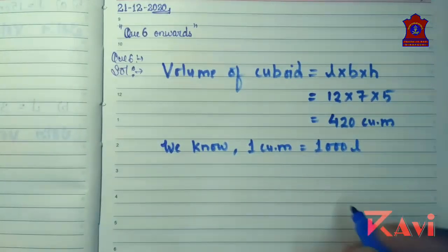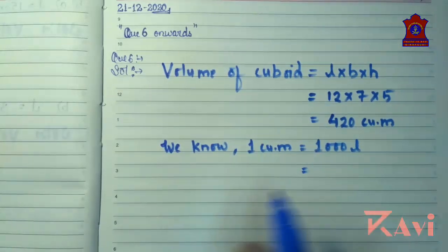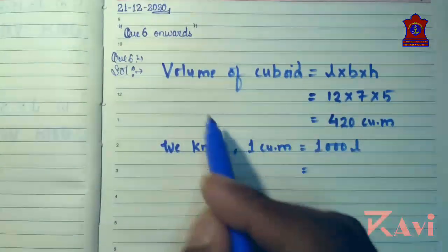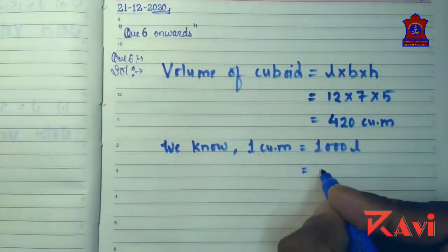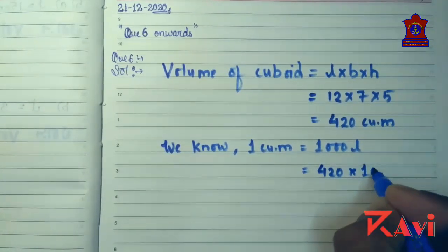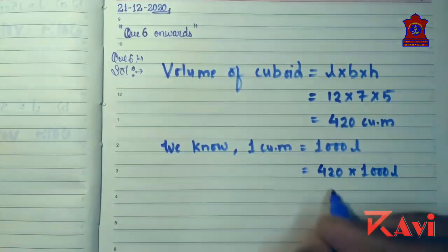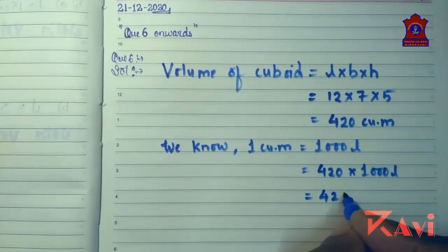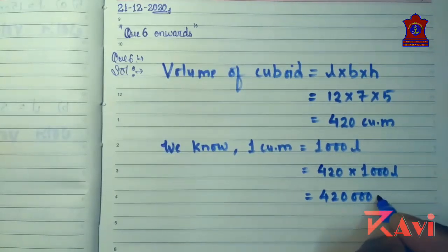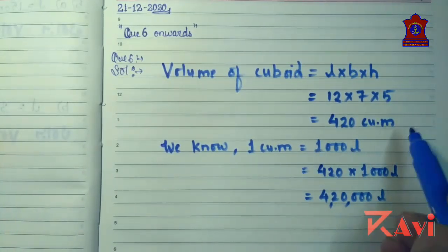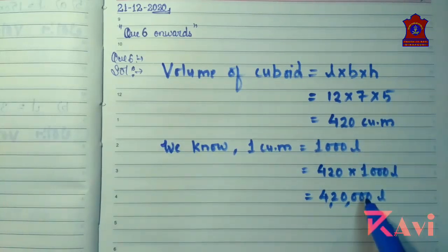So the capacity of water that can be filled would be 420 into 1000, which is 4,20,000 liter. Clear?